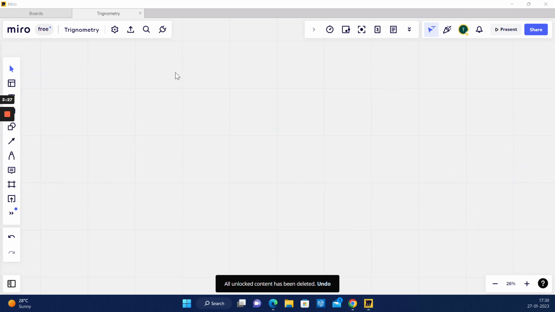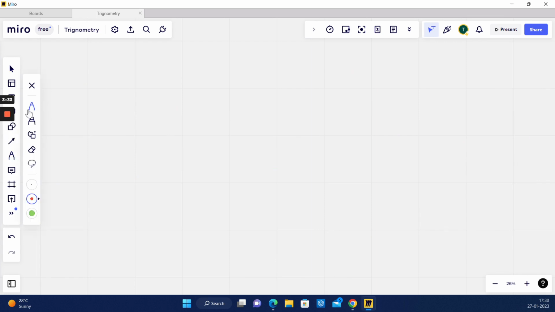So in the next problem, we are given a triangle OPQ. Okay, let's do a similar problem to the one given in the textbook. In the triangle OPQ, right angled at P, correct?